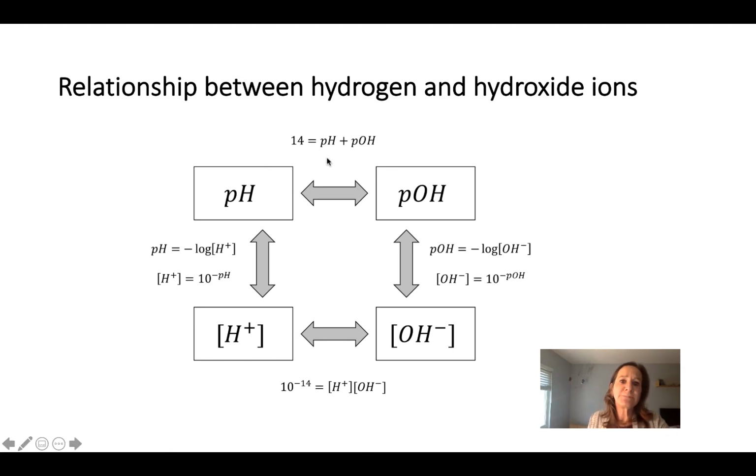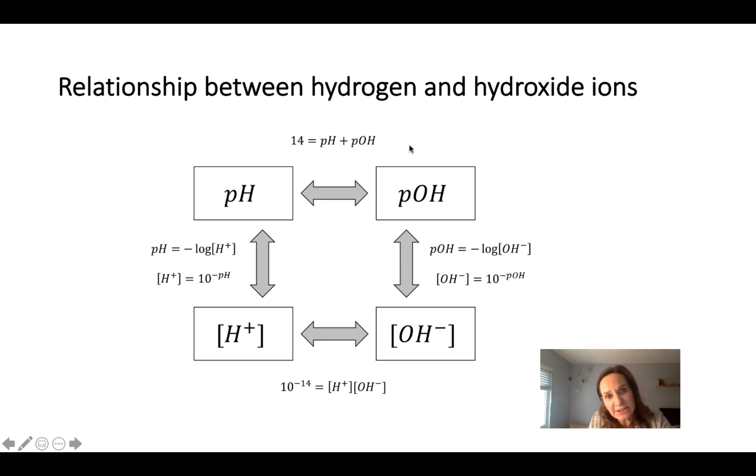So our important relationship between pH and pOH here, that same relationship holds if we look at it with respect to the actual hydrogen ion and hydroxide ion in solutions. So in this case, if you multiply the hydrogen ion concentration times the hydroxide ion concentration in solution, it will always be equal to 10 to the negative 14th.